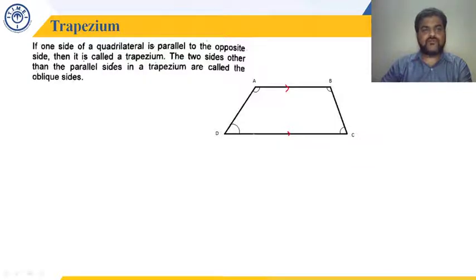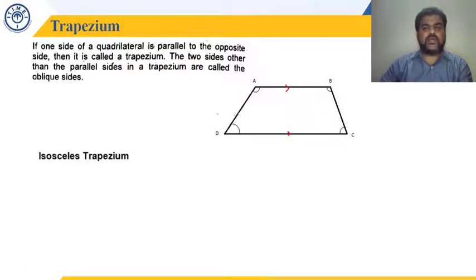AD and BC, these two sides which are not parallel, are known as oblique sides. You can also call them non-parallel sides.